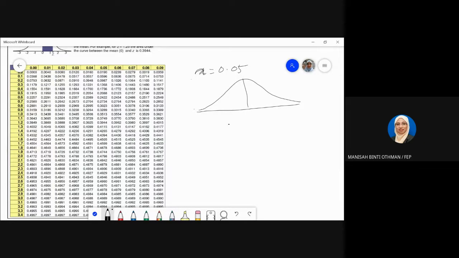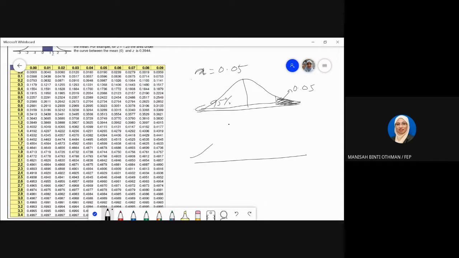So this is 0.05, one tail. The rest here is 95%. But remember, in one tail it's quite different from two tail.